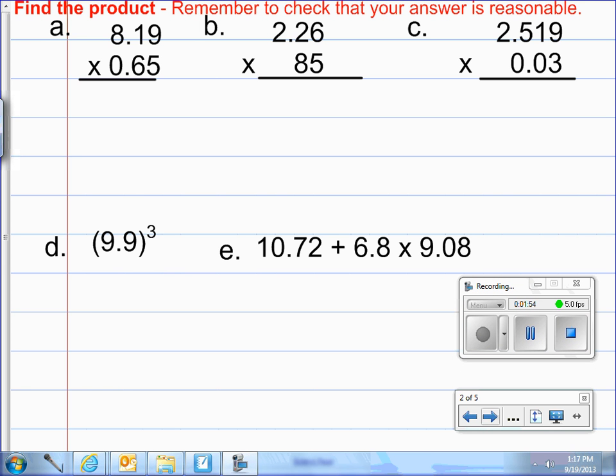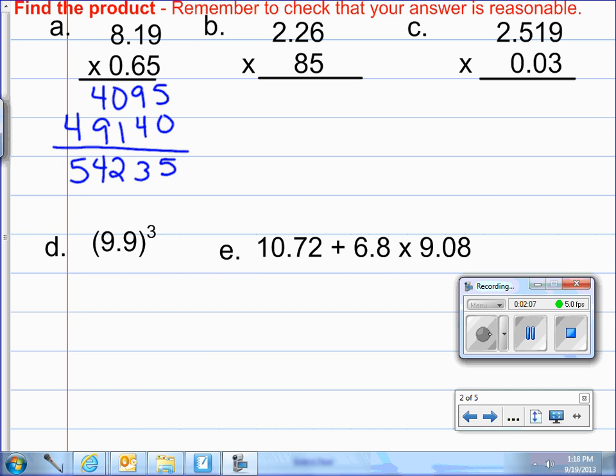All right, so now we're going to follow the steps that you have been given on the first slide to find the product of these decimals. So the first thing you're going to do is multiply as you would if they were 2 whole numbers. So in this first example of A, we multiply as we would whole numbers.